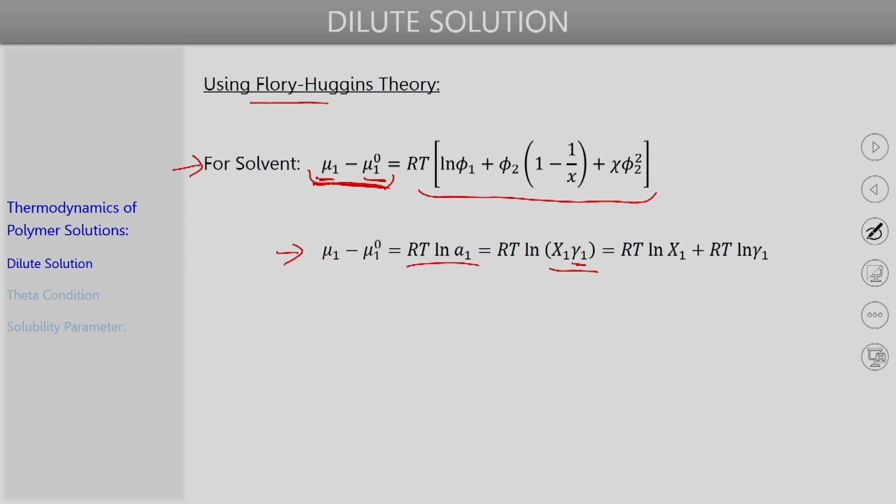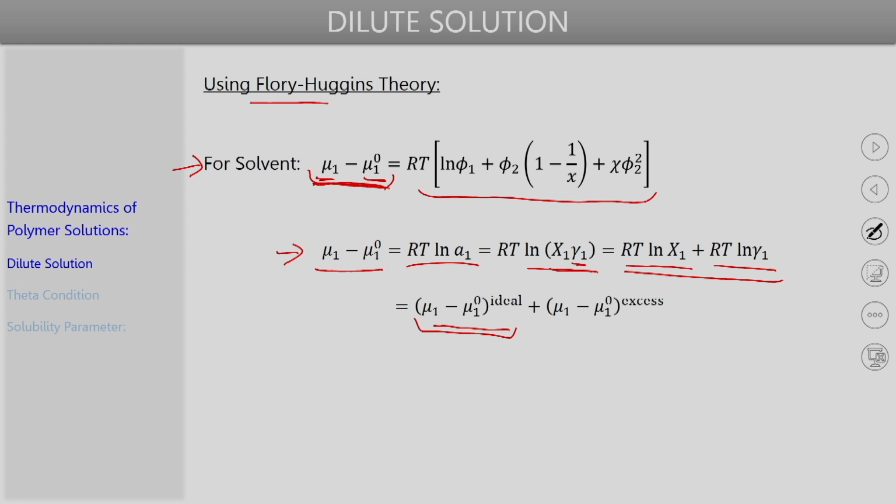These are some of the things that we developed and discussed in the previous lecture. Expanding this log term, we get these two terms, RT ln x1 plus RT ln gamma 1. Now the mu 1 minus mu 1 naught, the relative chemical potential for the solvent, we can split into two parts.